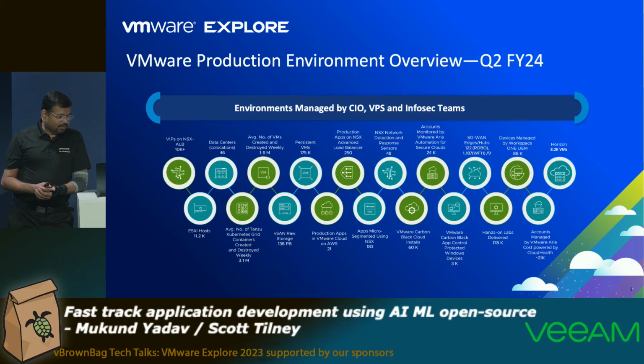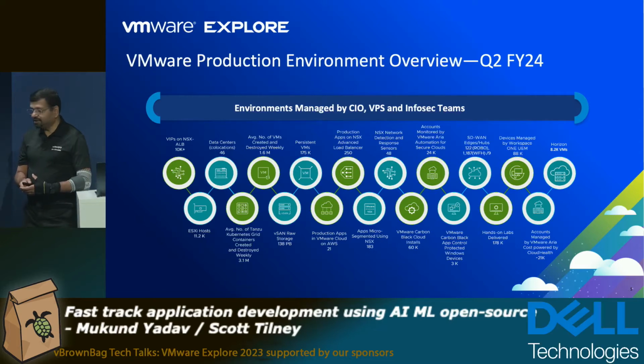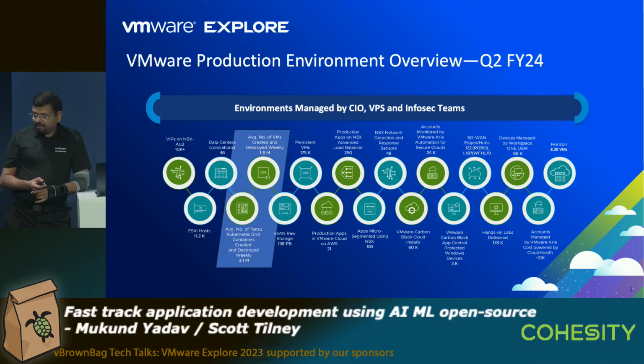So let's start with the scale of operation that we have at VMware IT. On the screen you will see the high level of operation that we have at VMware IT. Particularly, I would like to highlight two things: the number of VMs that we are creating and destroying on a weekly basis, and the number of containers that we are creating and destroying on a weekly basis.